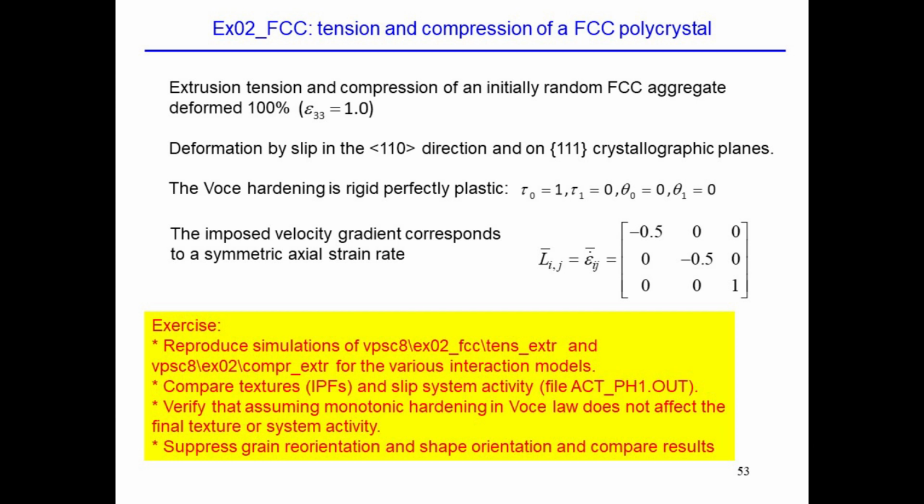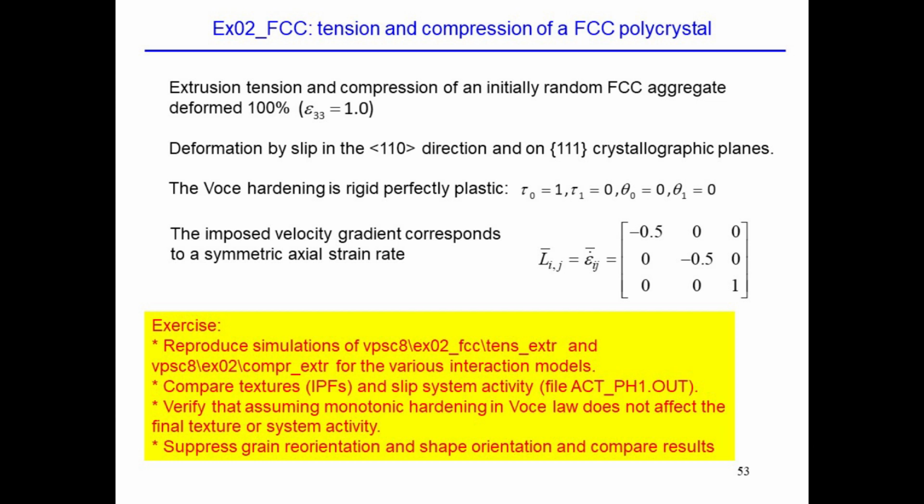And here I suggested that if you put hardening in the law, so maybe you make theta 0 and theta 1, give it a slope to the hardening curve, that the result for the texture and for the system activity is not going to change, because that is a kinematic condition, and no matter how much the grains are hardening, you are imposing the strain to the grains, so they really have to use those systems, whatever the critical stress is, they have to use it because you are forcing that.